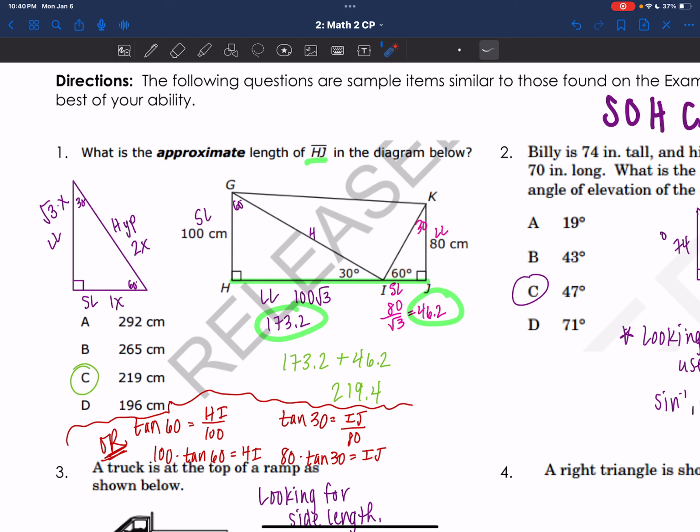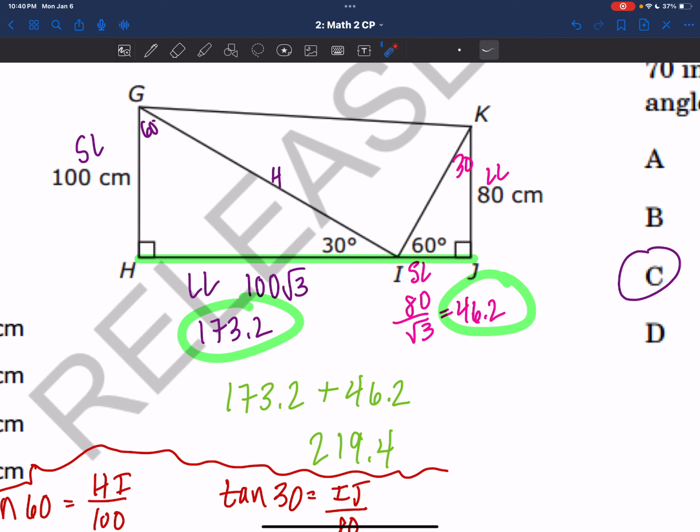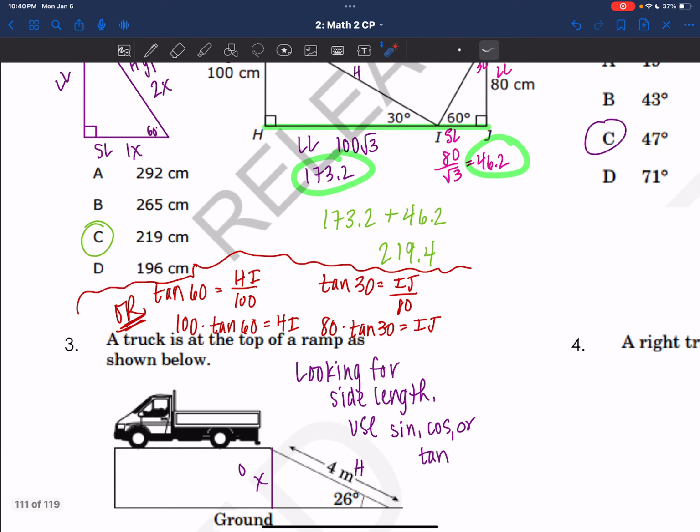So the long leg divided by root 3, 80 divided by root 3, and remember you have to rationalize, or you can just plug it into the calculator, either works, and you get 46.2. Since we want the total, you add this plus this to get 219.4. So that is one way to do it.